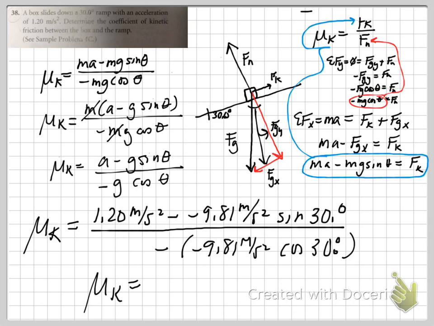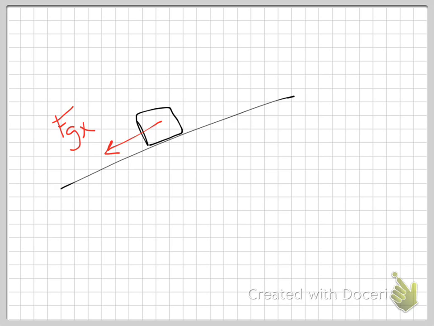The force, if this thing is accelerating down the ramp, in which direction is the force greater? Up the ramp or down the ramp? Down the ramp. So if it was staying still, the force up would be equal to gravity. So let's look at this conceptually. If this object is sitting there not moving, and this is our force of gravity on the x, and this is our force of friction, this would be static, it's not moving.